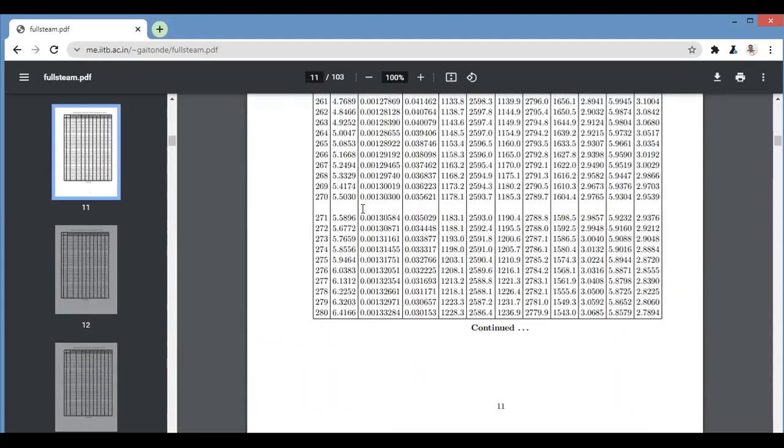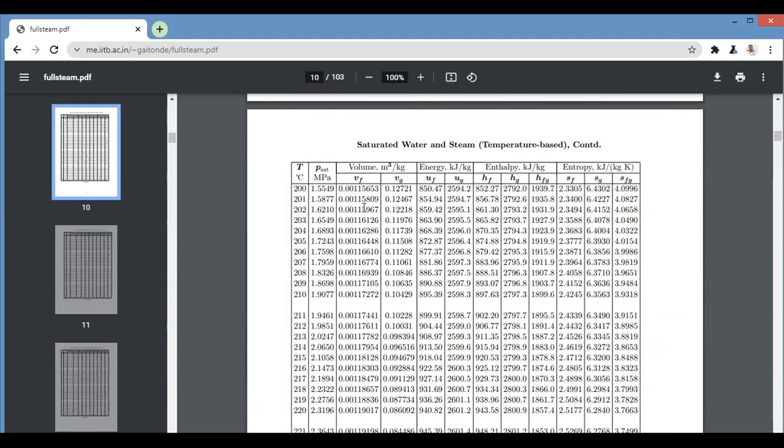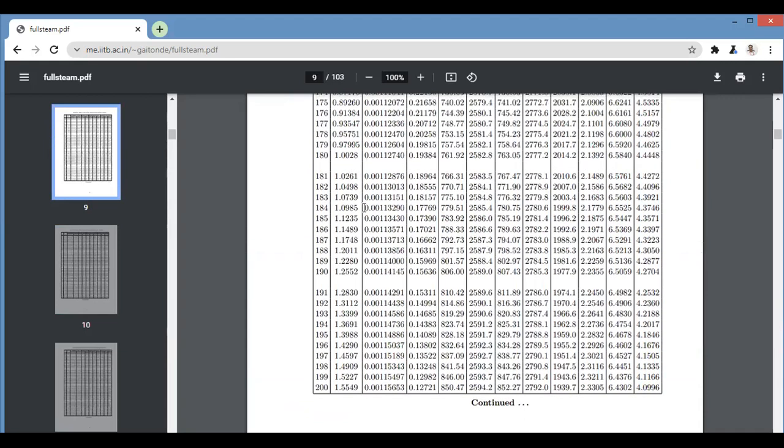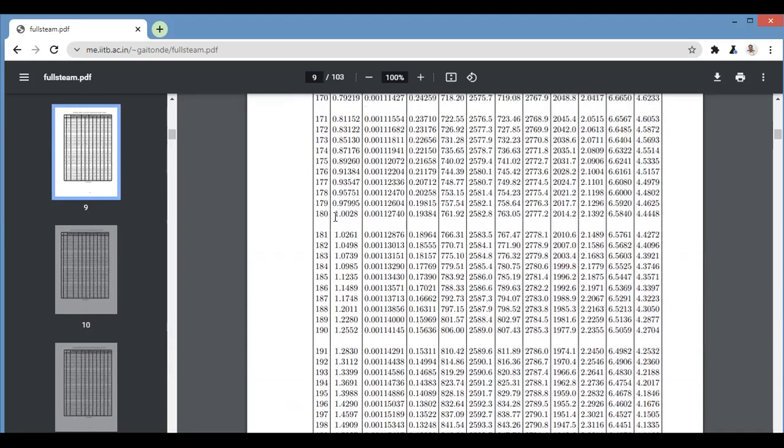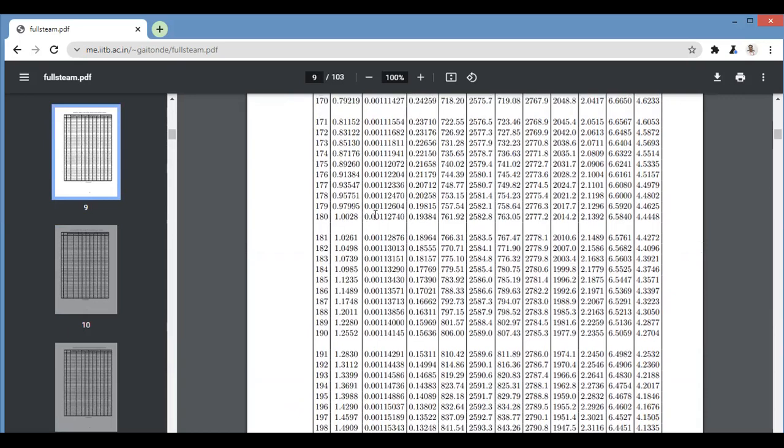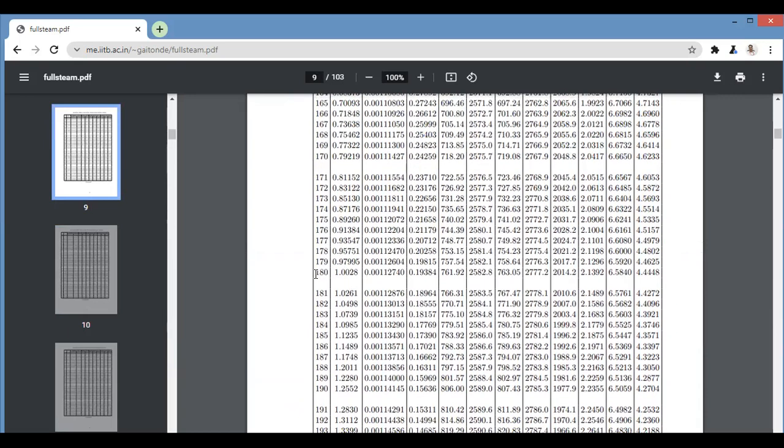Okay, for example, let us go to the temperature based table, and let us say that you want to find the saturation pressure at 180 degrees centigrade. So at 180 degrees centigrade, the saturation pressure is 1 megapascal, which is 10 bar. In other words, at 10 bar, the saturation temperature is 180 degrees centigrade.